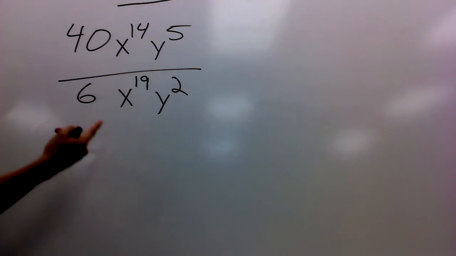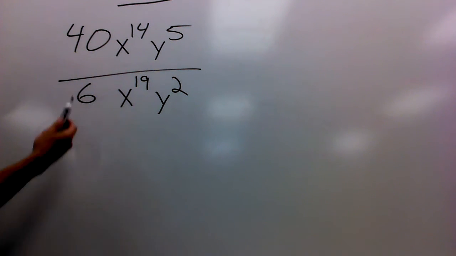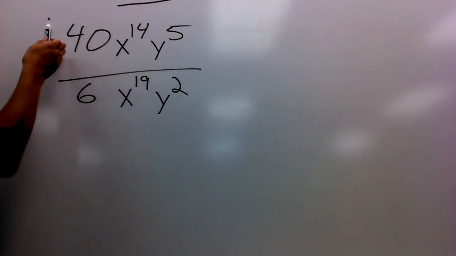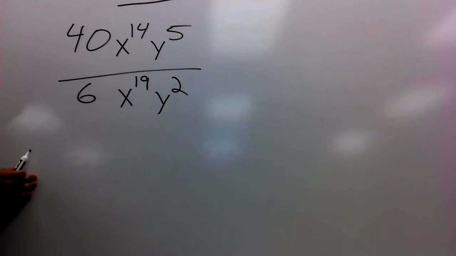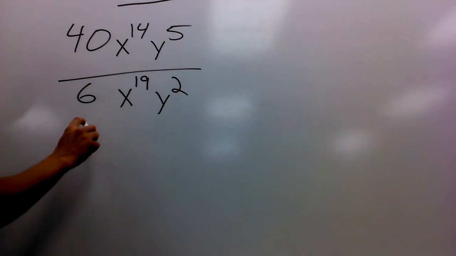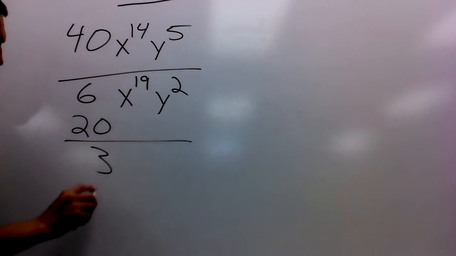Two types here. We got numbers and we got variables. This is simply simplifying a fraction, what you did in 5th grade, 6th grade. What's the biggest number I can divide both of those by? I believe it's 2. Divide them both by 2, and we get 20 over 3.